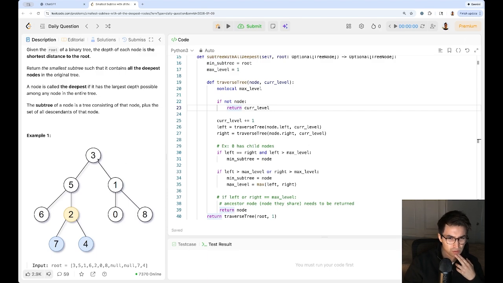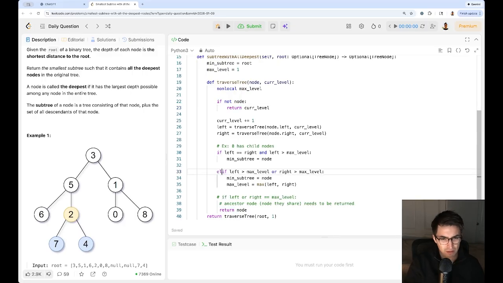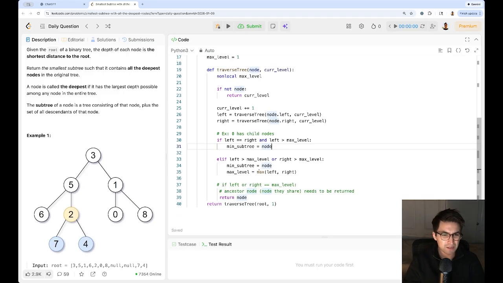Min_tree equals the node. Max level equals the max between left and right. Yeah, this is getting too convoluted.